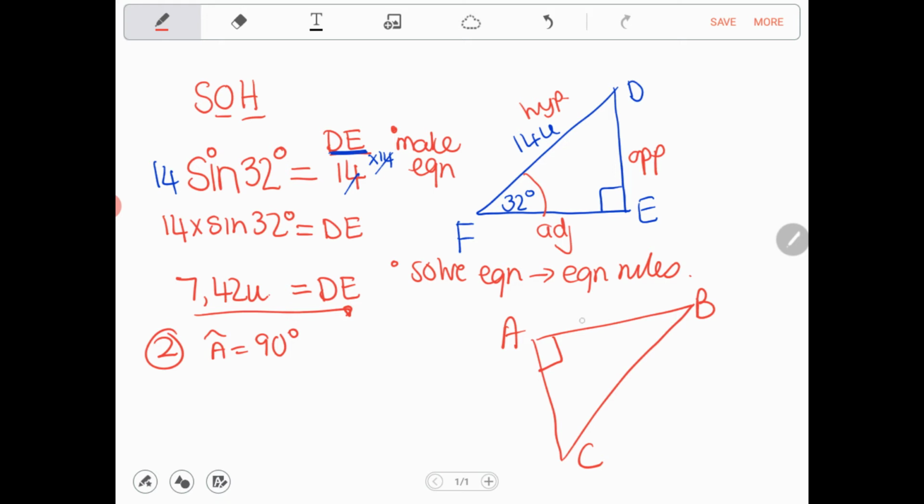And we're going to say that AB is 42 meters, and that angle C here is 38 degrees. Right. And we're going to find BC.